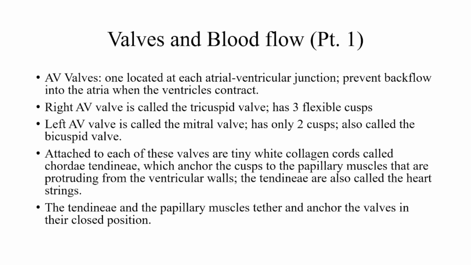The muscles themselves are protruding from the ventricular walls. The tendineae are also called the heartstrings because they're keeping everything in place. The tendineae and the papillary muscles both tether and anchor the valves in their closed position.